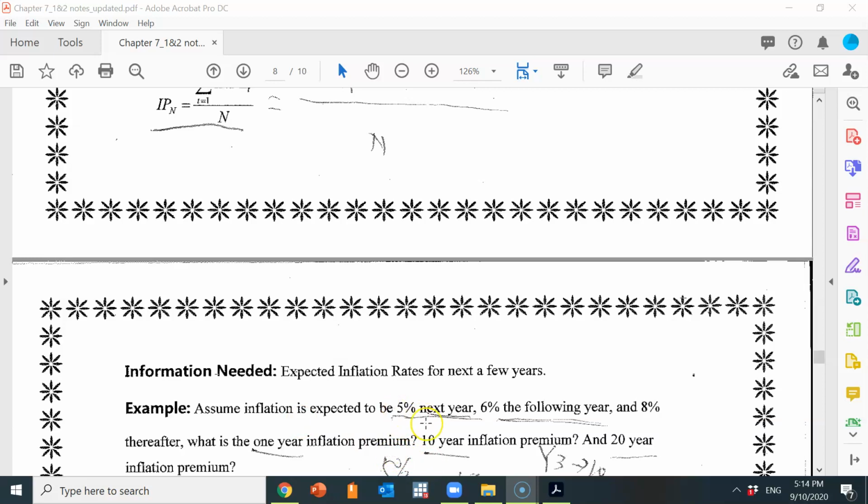Since we know that the inflation rate is 5% for the first year, 6% for the second year, and 8% from the third year and for all the other years afterwards, please try to calculate the average inflation rate for the first year, 10-year, and 20-year as the 1-year inflation premium, 10-year inflation premium, and 20-year inflation premium. I will end this video here, and I will talk about the solution in Chapter 7, Class 2 in our next video.